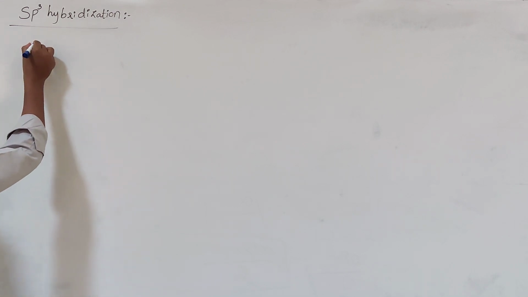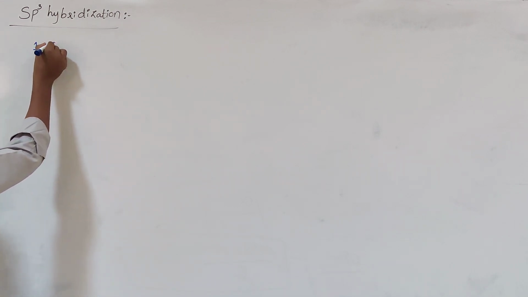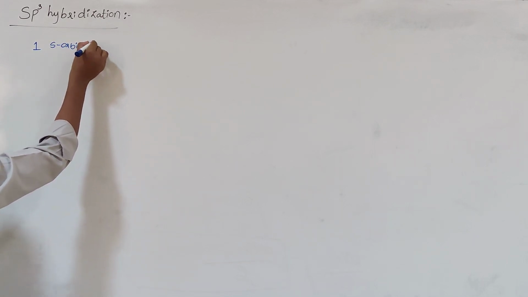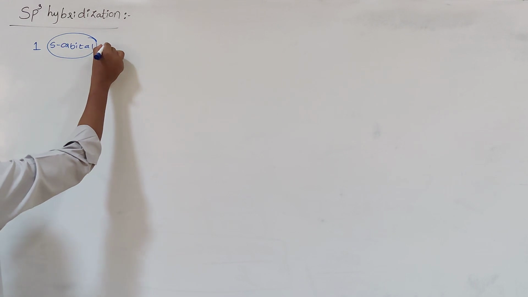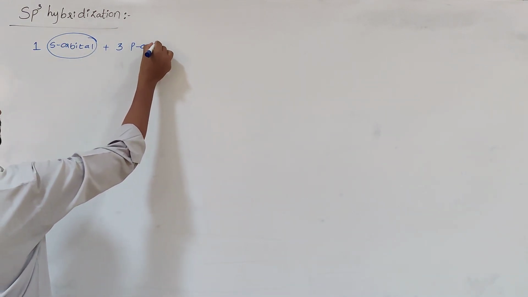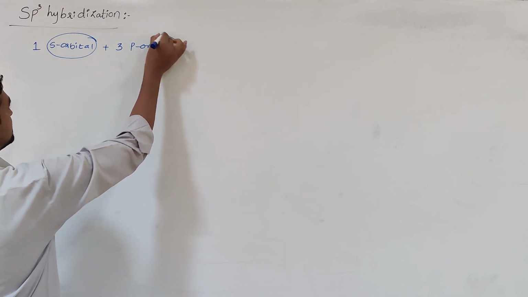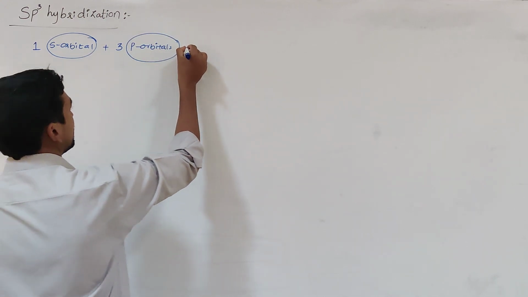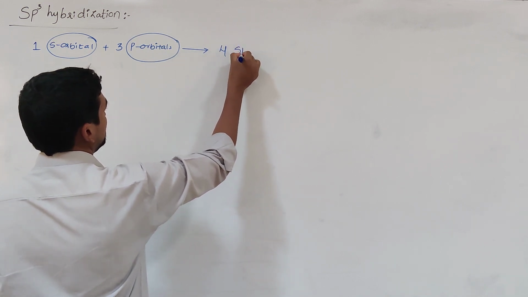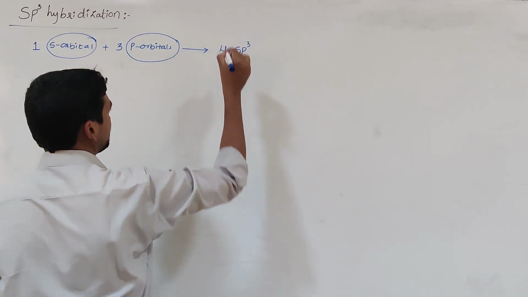So what do you mean by sp3 hybridization? It means one s orbital and three p orbitals hybridized together to form 4 sp3 hybrid orbitals.